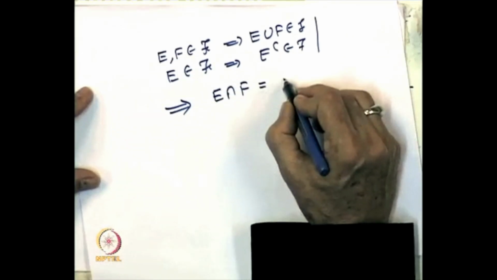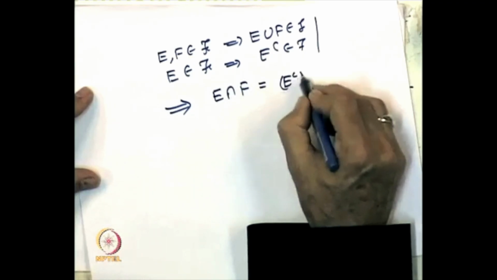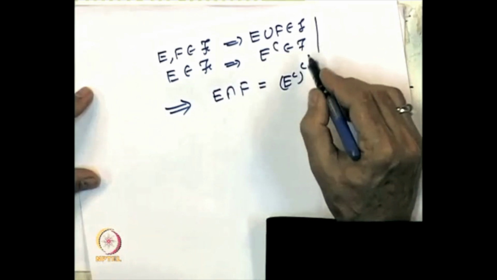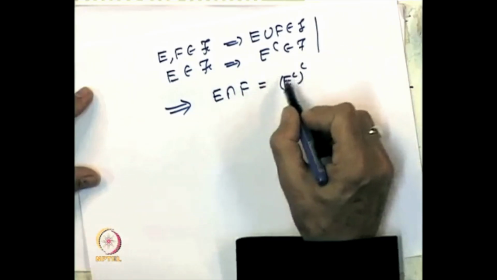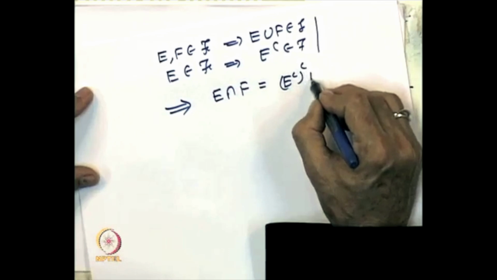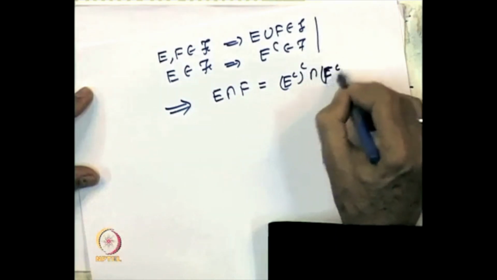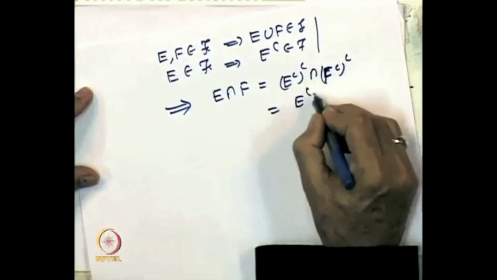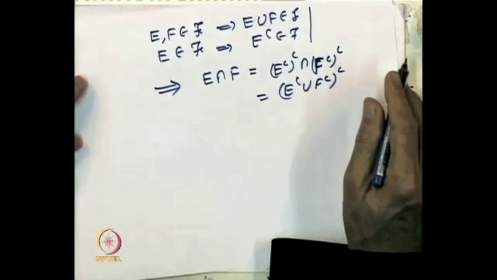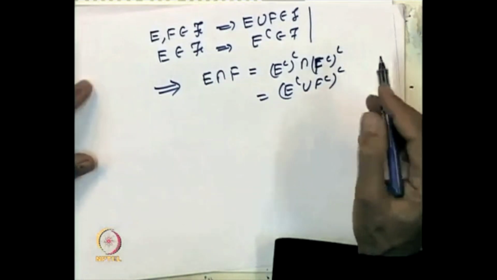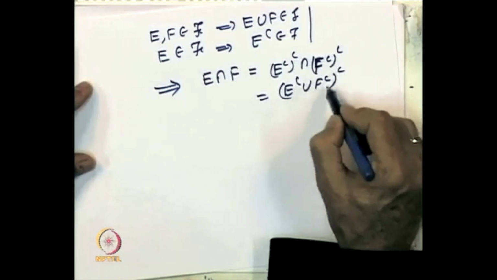Because I can write the complement of E intersection F, by De Morgan's laws, as E complement union F complement, and then take the complement again.